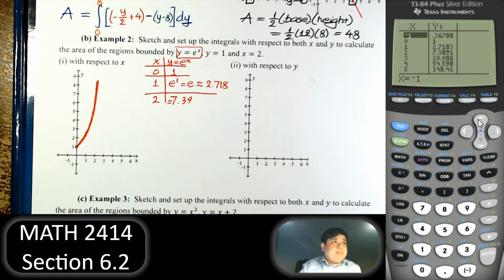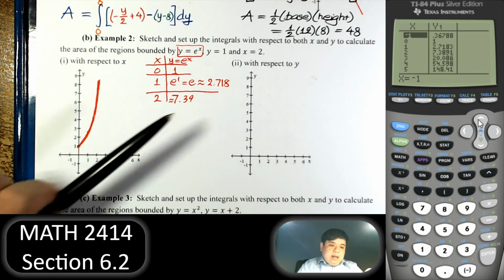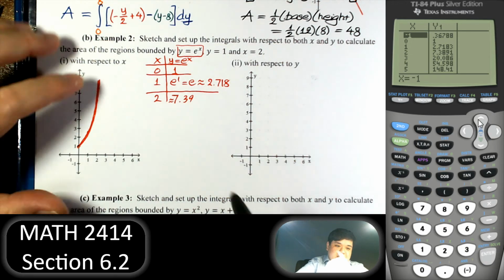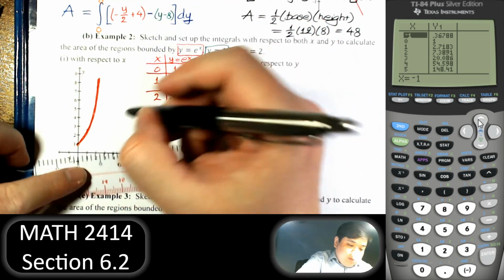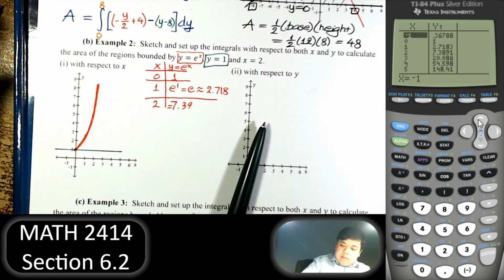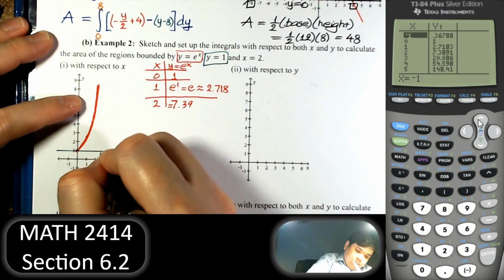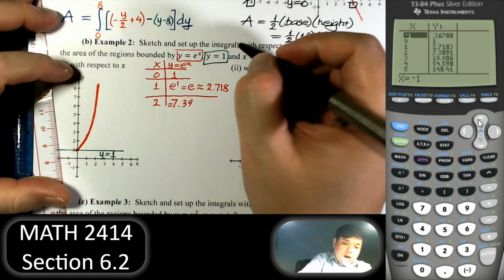Now, y equal to 1, so that's easy. And x equal to 2, which is the vertical line.